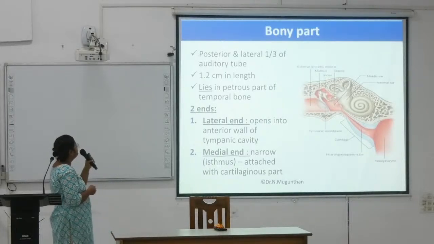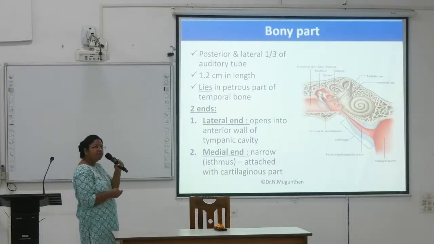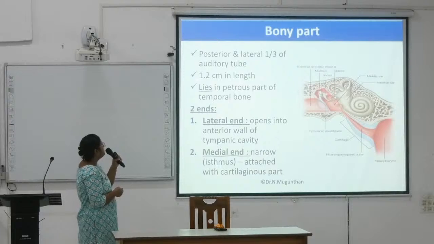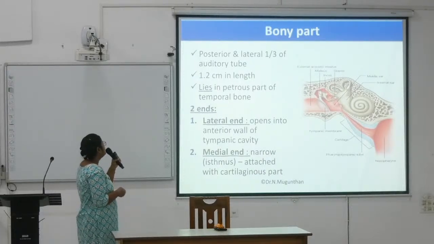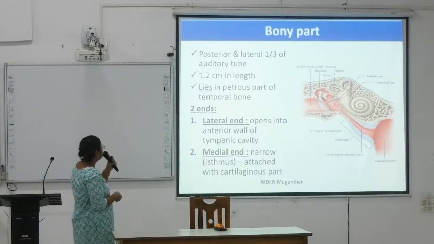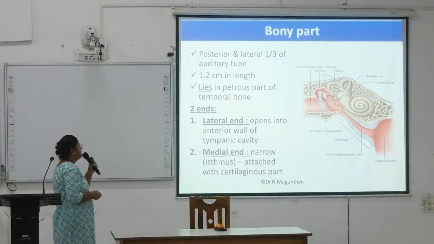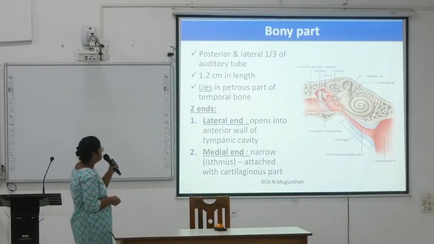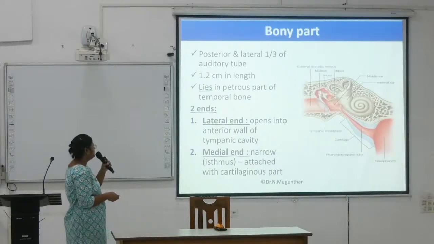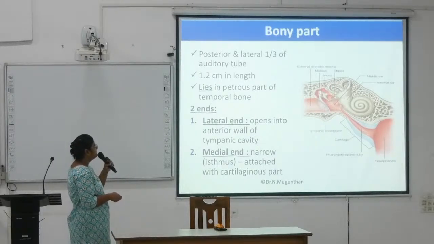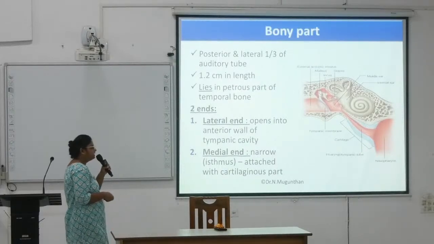The posterior and lateral one third of the auditory tube is the bony part, 1.2 centimeters or 12 millimeter in length, lying in the petrous part of the temporal bone. The lateral end opens into the anterior wall of the tympanic cavity. The medial end is narrow, forming the isthmus, the narrowest part, joining with the cartilaginous part.